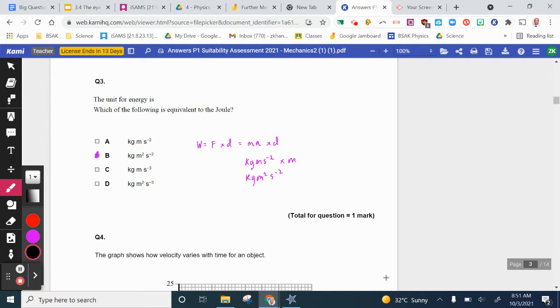Mass we know is kilograms, acceleration is meters per second squared, times by the mass, and you'll get kilograms meters squared seconds to the minus 2. So the answer is B. So if you look at part A, that's force, and part D has another seconds to the minus 1 on there, so that's power.